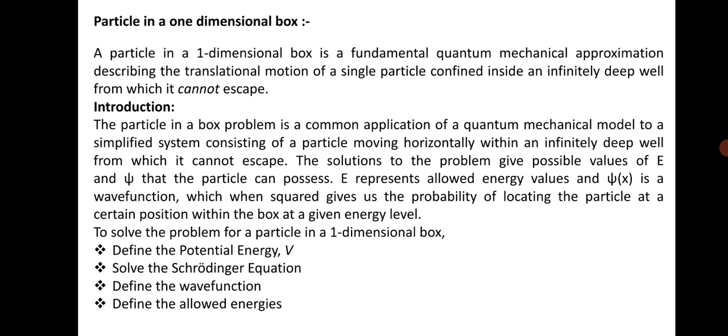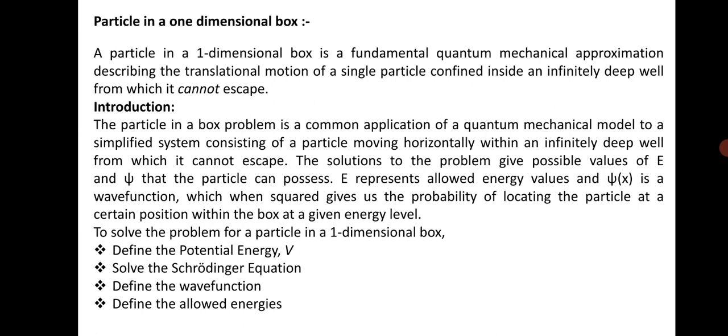Now, the allowed energies and the eigenfunction, which when squared gives the probability of locating the particle at a certain position within the box. Okay, so the square of the wave function gives the probability.